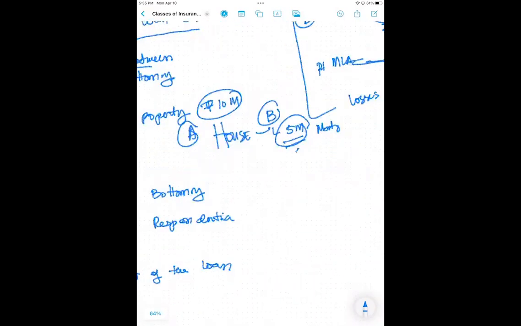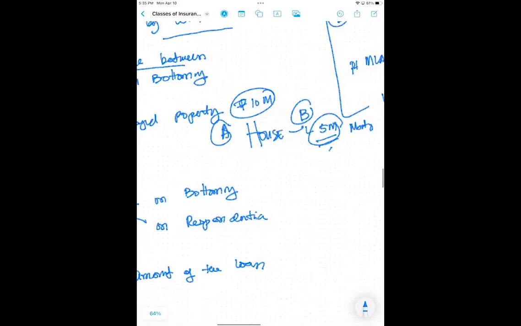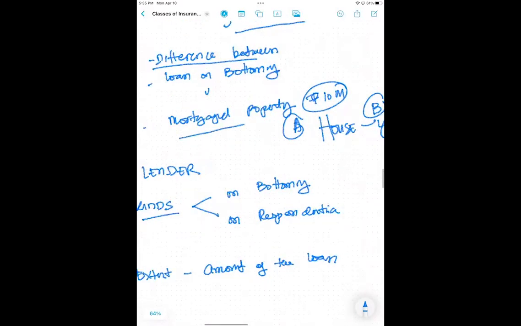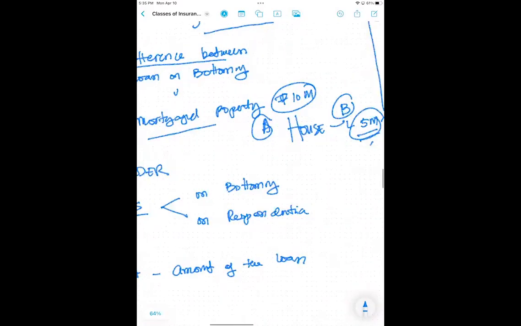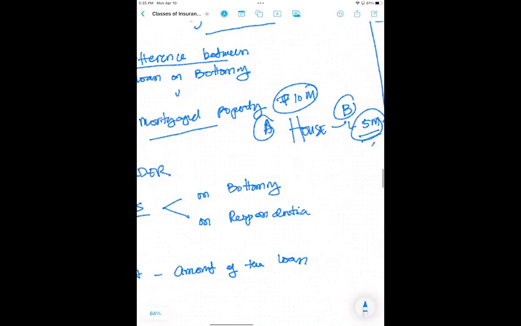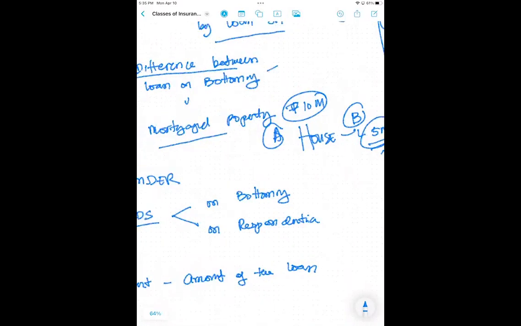Why can we not apply that in this particular case? Insurance on mortgage property. Okay? This is the reason why this is important. Okay? Because in loan on Bottomry, if the ship is totally lost, then the loan becomes extinguished.